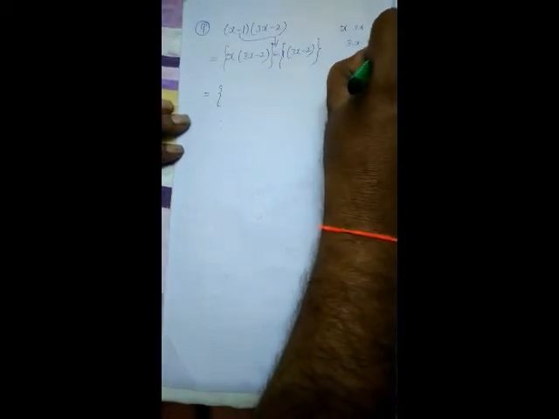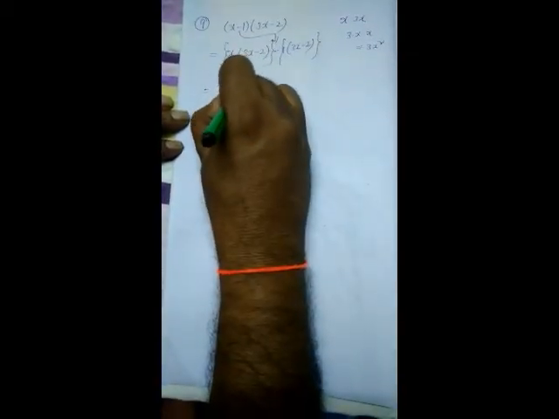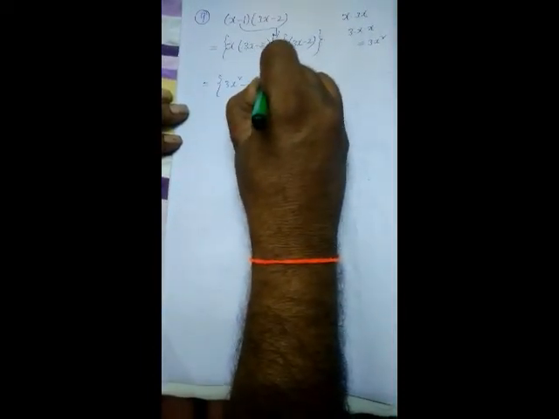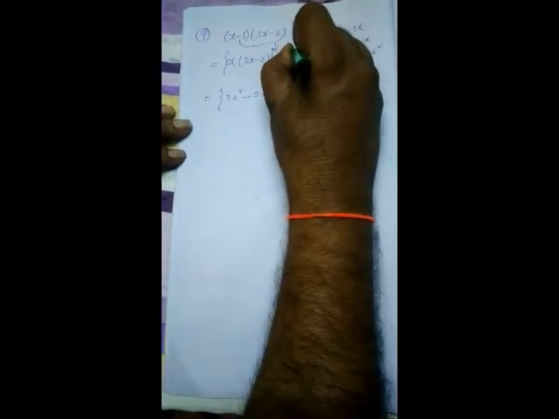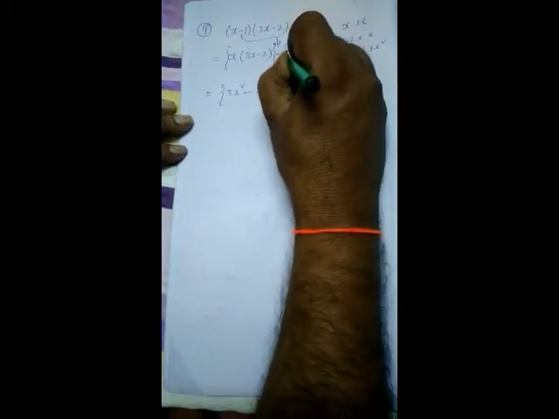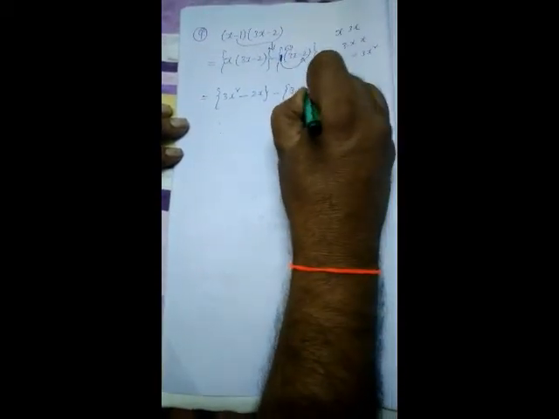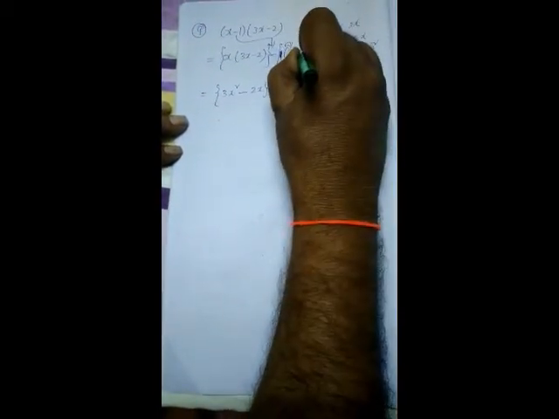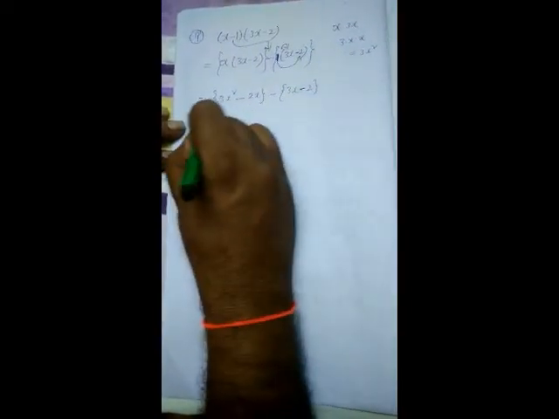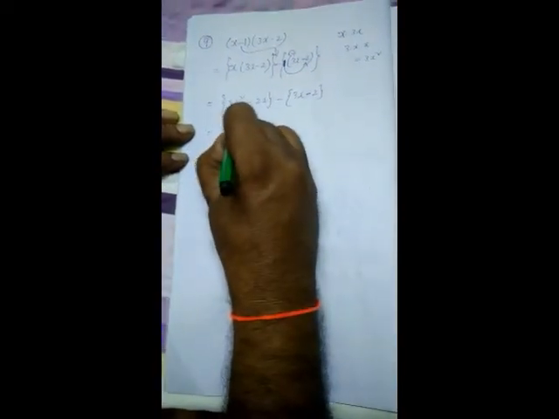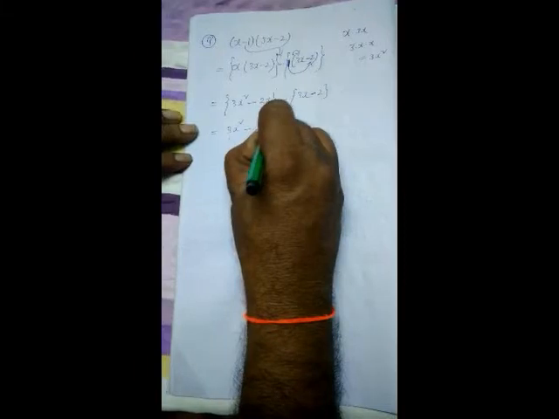Directly you can write x into 3x, 3x square, minus 2 into x, or x into 2, 2x, minus 1 into 3x, 3x, minus 1 into 2, 2. Minus, minus only, this minus only have written, is equal to 3x square minus 2x.